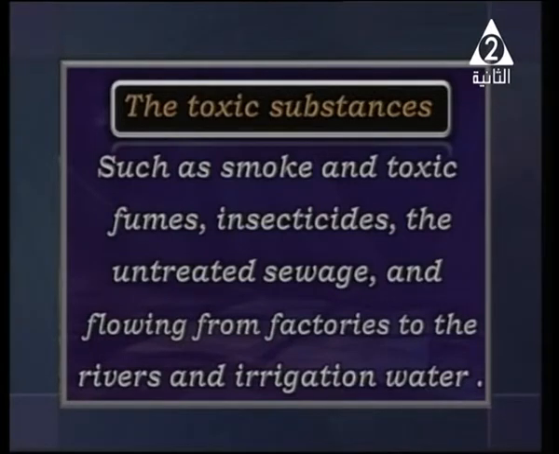And also untreated sewage water, the water that we need to treat before throwing it out. And also flowing from factories or coming out from some houses to the rivers, and irrigation water, the water that we use to irrigate and feed the plants and our crops.